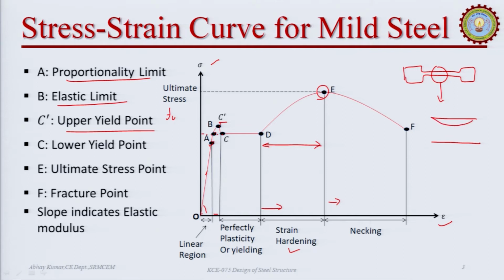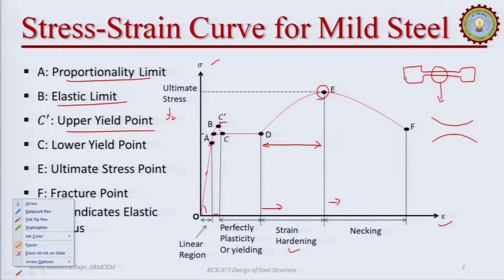At this particular level, the diameter or the size of the member will reduce and there will be a neck formation. Therefore, this region is known as the necking region. Our specimen will look like this. Therefore, this region is known as the necking zone. At point F, our material completely breaks and we see this kind of failure surface.